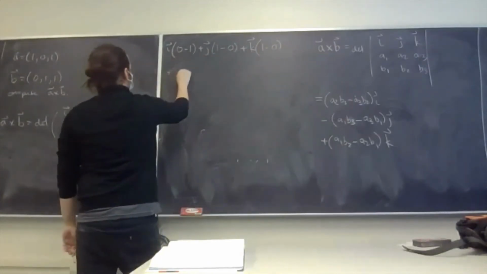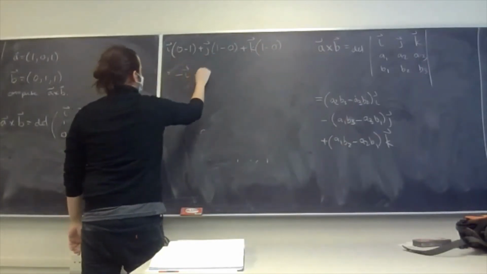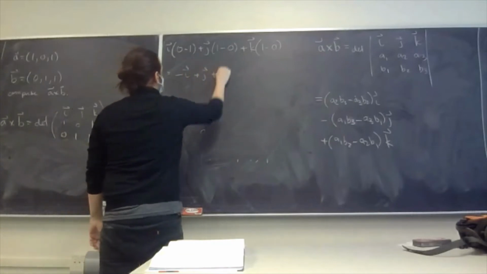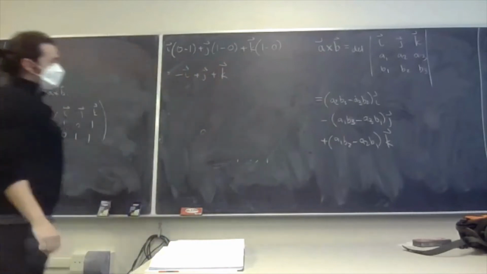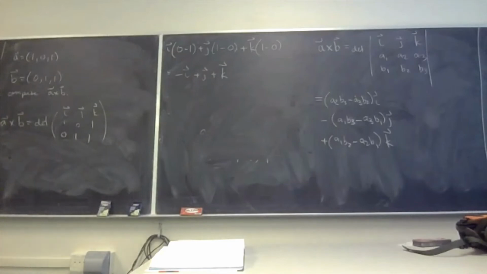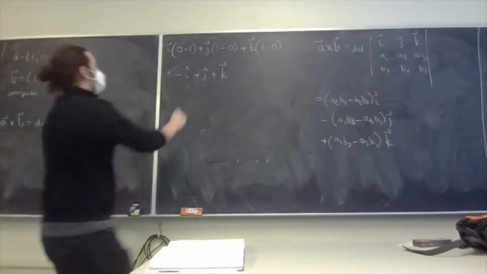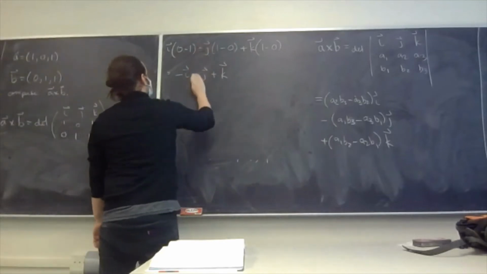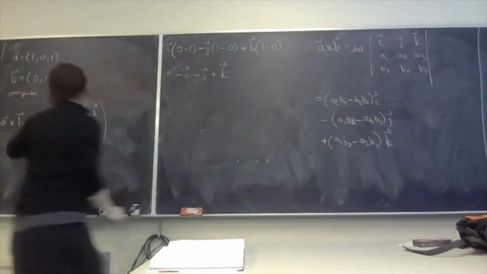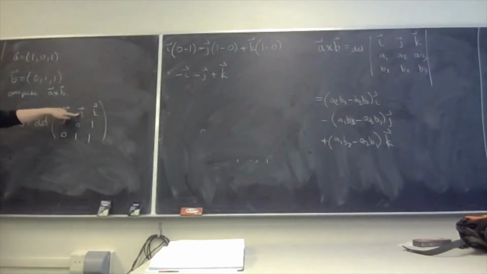Which gets us minus I plus J plus K. Did I make a mistake? Where? Oh, yeah. Minus the middle number. Minus the middle number times the submatrix. That's the only obnoxious thing to keep track of when you're taking determinants: plus, minus, plus.